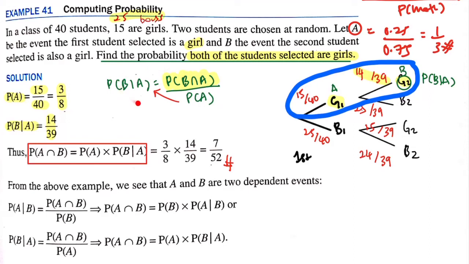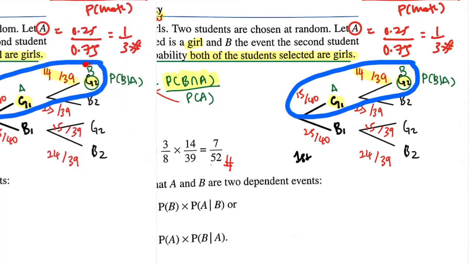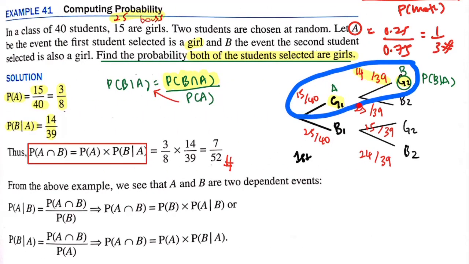Just now we used the formula and rearranged. But if you just look at the branches, you multiply 14 over 39 times 3 over 8, simplified from 15 over 40. If you multiply these branches together to find the probability of A ∩ B, this will be the same as what we did by rearranging the formula.